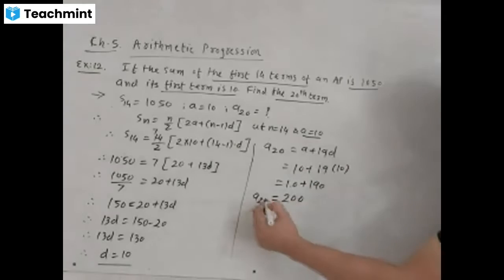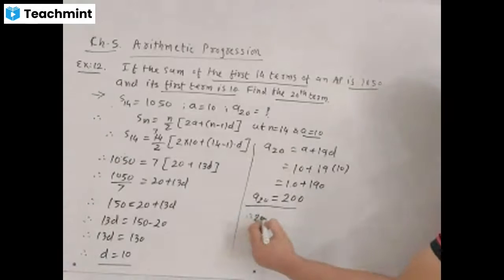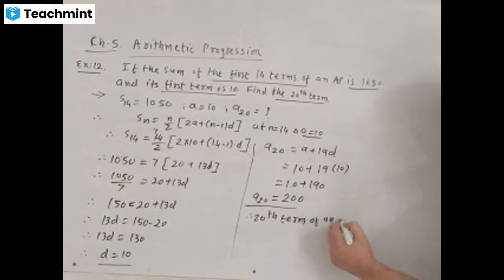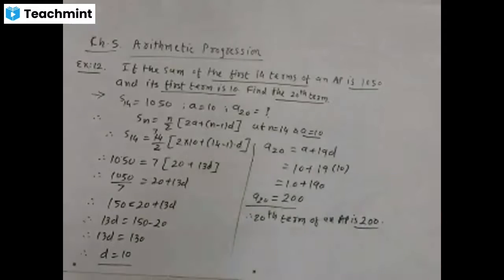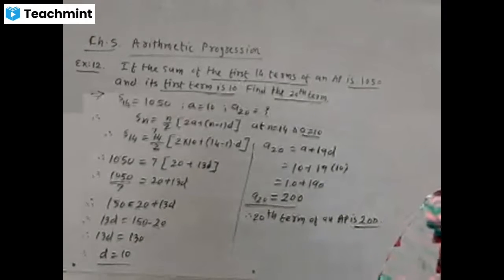Therefore, the 20th term of an AP is 200.